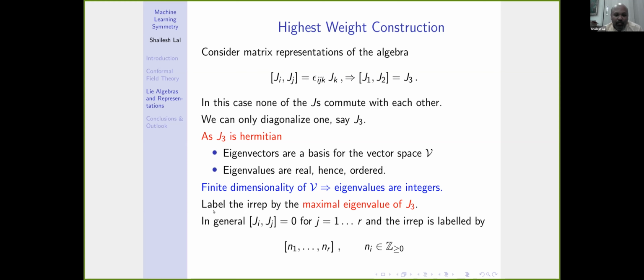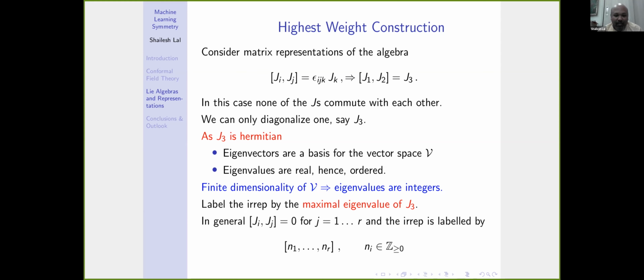So it's perfectly well defined to think of the entire irreducible representation as being labeled by the maximal eigenvalue of J3. In general, you don't just have one such J3, but if your algebra is more complicated, there could be more than one operator that commutes with each other.